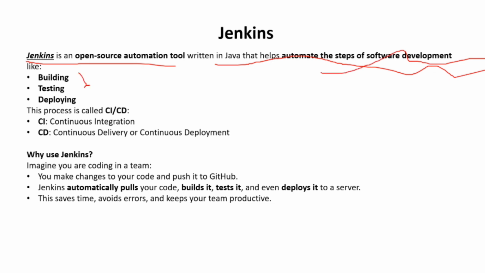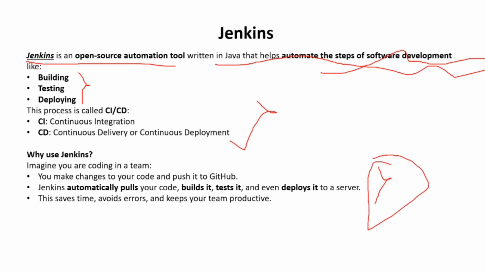It's like a pipeline for running any project, with continuous integration, continuous delivery, and deployment. Imagine you make changes to the code and push it to GitHub. Jenkins automatically pulls your code, builds it, tests it, and deploys it to a server. So it saves the time of building manually.